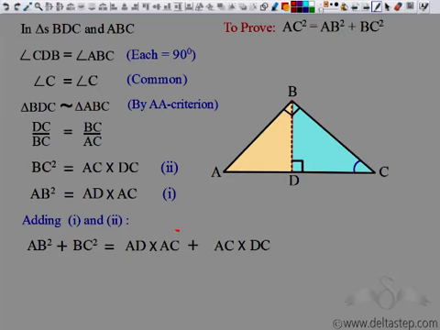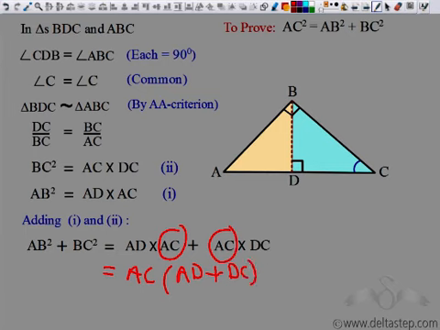Now you see that AC is common in both. So we can take AC outside. If I take AC common outside, I'll be left with AD plus DC.